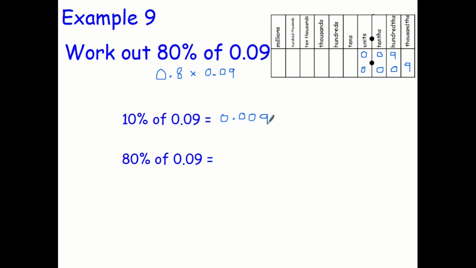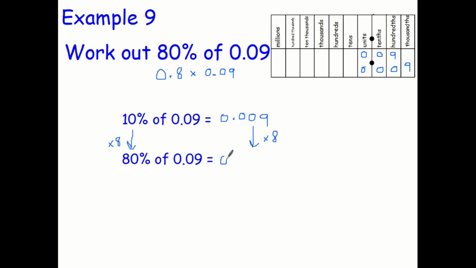And to get to 80%, I've got to multiply it by 8. So this has got to be multiplied by 8 as well. And you can do a little quick multiplication in your head. 9 times 8 is 72.